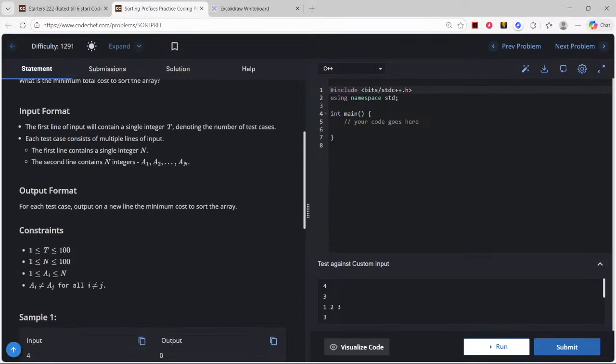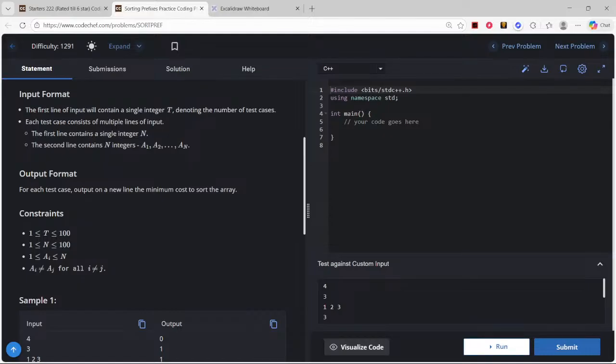Input format: the first line of input contains a single integer t, denoting the number of test cases. Each test case consists of multiple lines of input.